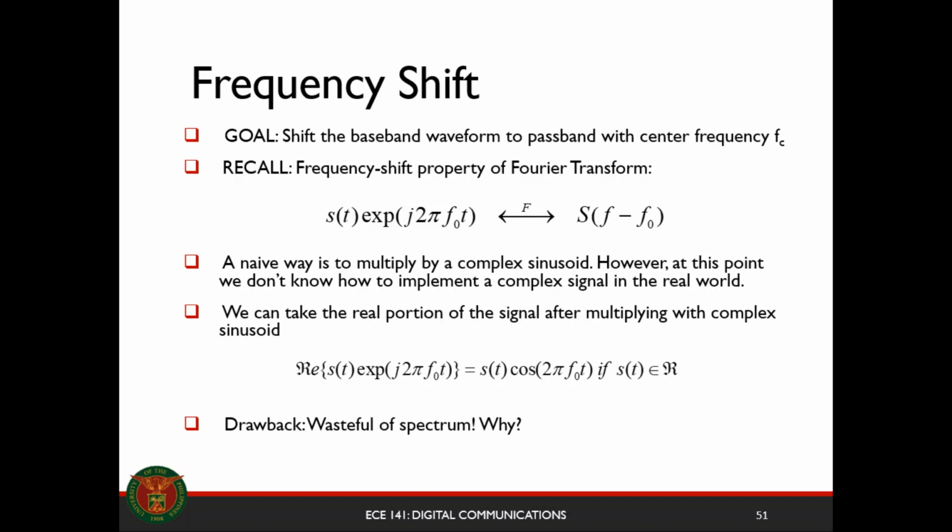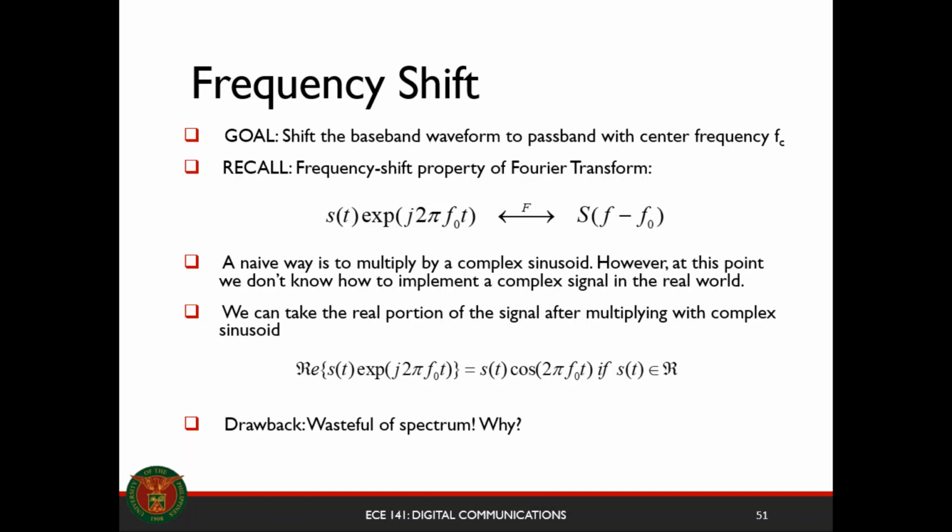To be able to transmit wirelessly, you need to shift your frequency to a very high value so that your antennas will become practical. So how do we recover our signals to baseband when we shift our signals to high frequency?